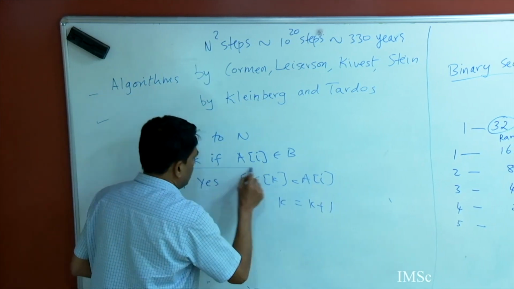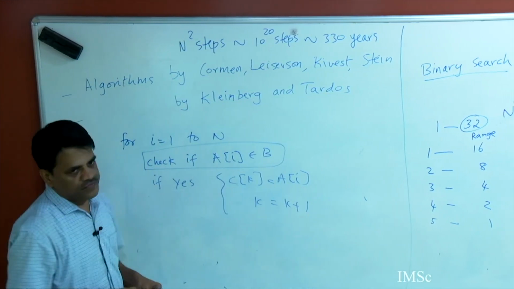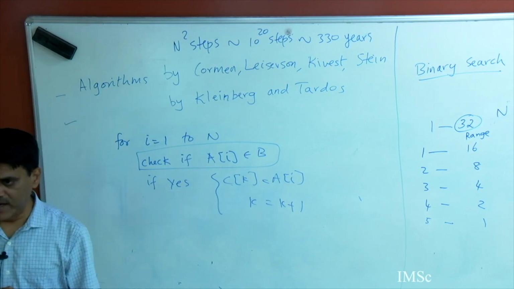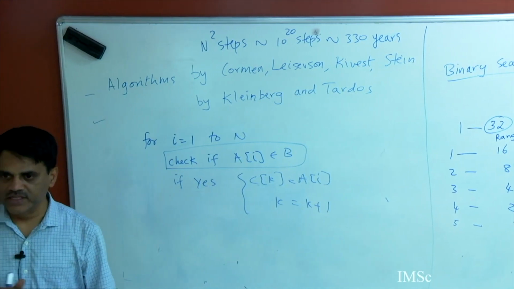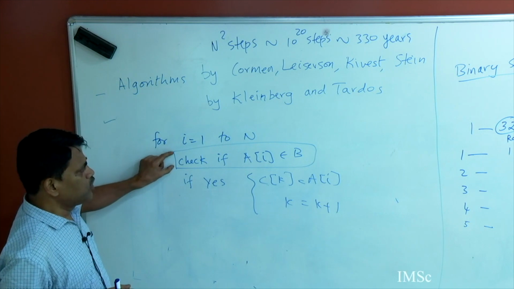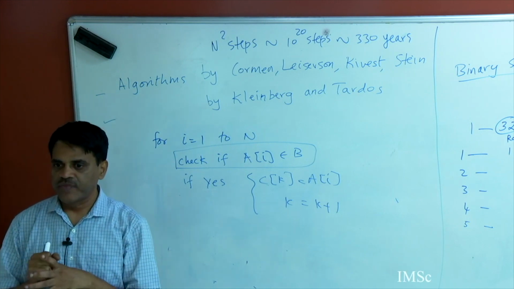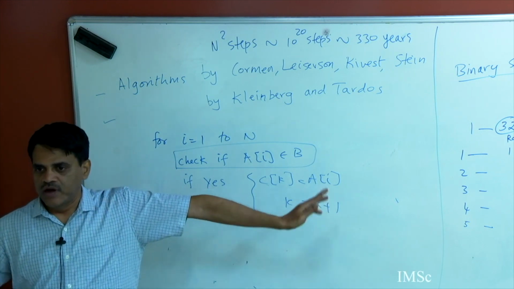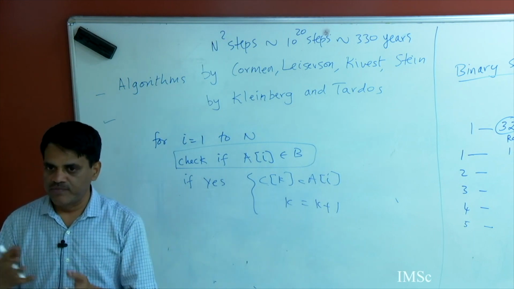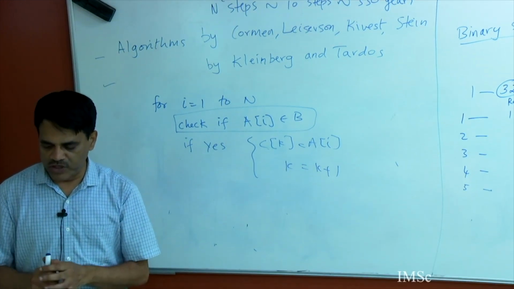So now, if somebody told me that B is already in sorted order, in increasing order, can I now do this search faster using this idea of binary search, right? So what should I do?